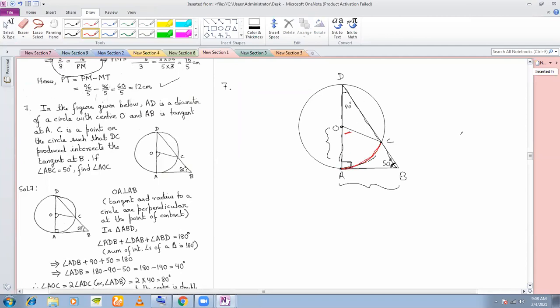And this angle here, the angle that we need to find out, is the angle subtended by this arc at the center of the circle. So therefore, this angle here, 40 degrees, if you double this angle, you must get this angle, 80 degrees. And so therefore, this is the answer. Clear? Let us write it down.